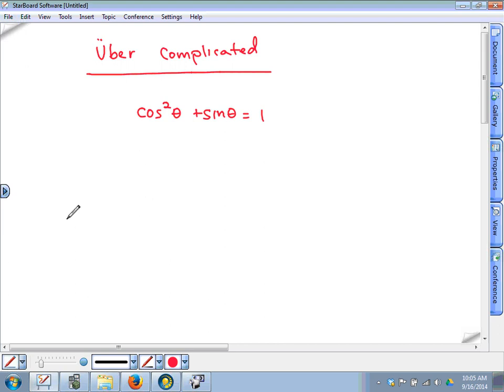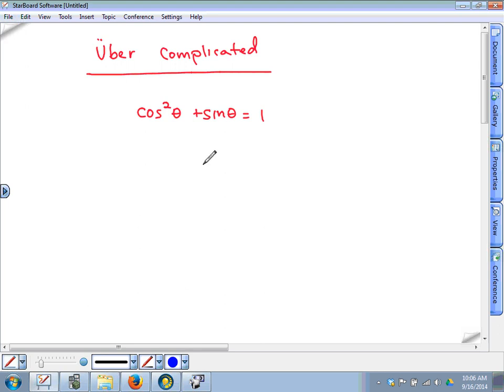Subtract cosine squared, which gives you sine equals sine squared. We had a pretty good idea over here. Go ahead. You're going to subtract cosine squared on both sides, so it's 1 minus sine of theta equals 1 minus cosine squared of theta.